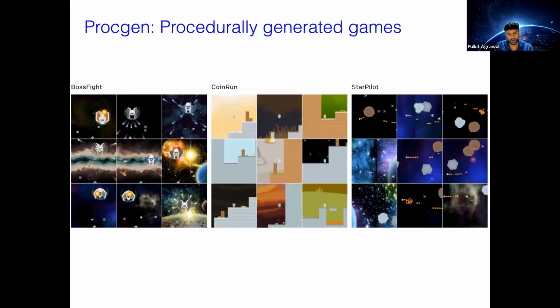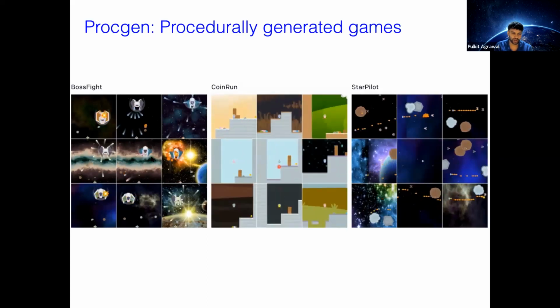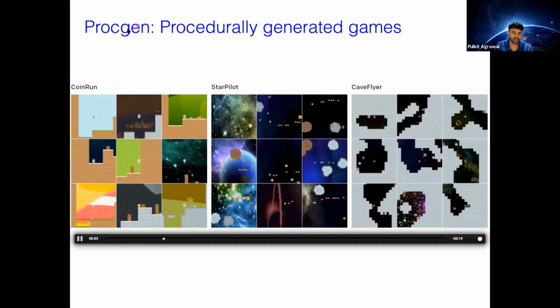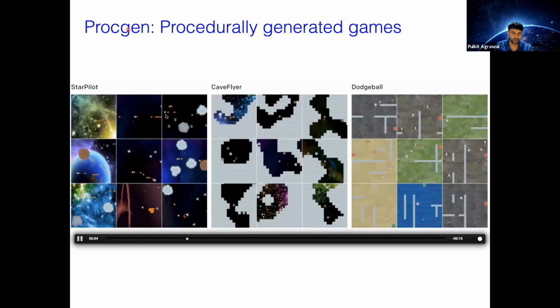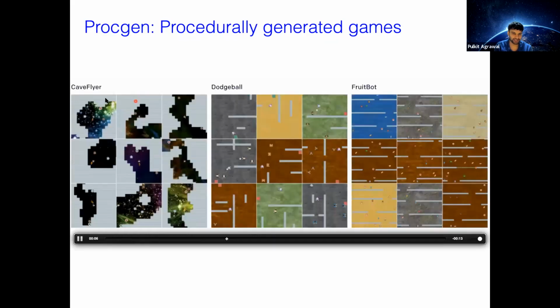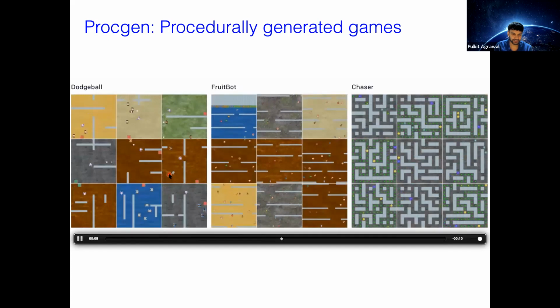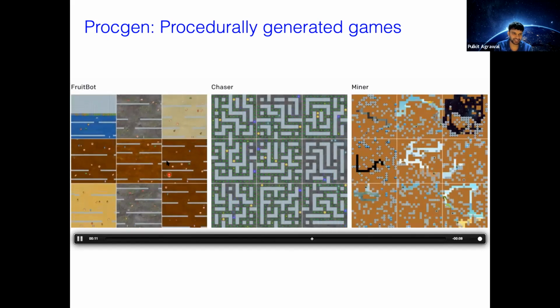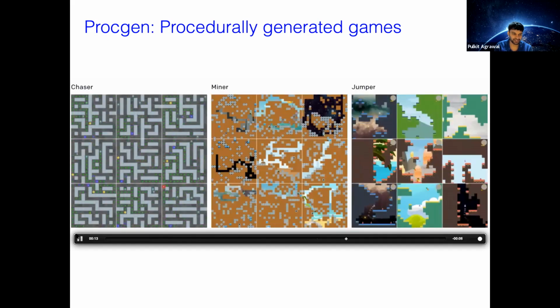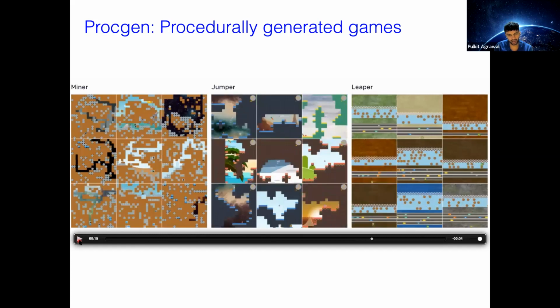Now let's also see this in the case of applying reinforcement learning. What I'm showing you is this benchmark called ProcGen, where there are games and there are many, many levels of the same game. The idea is to train RL agents which can generalize to new levels of the same game.